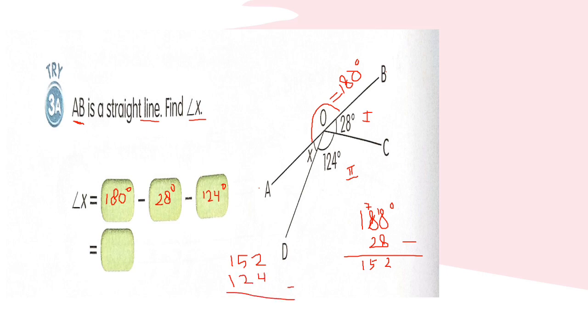Minus, because 2 is smaller than 4, so you need to borrow. 2 become 12, 5 become 4, 12 minus 4 equal 8, 4 minus 2 equal 2, 1 minus 1 equals 0, so you doesn't need to write it. So the answer here is 28 degrees. Okay, you get it?